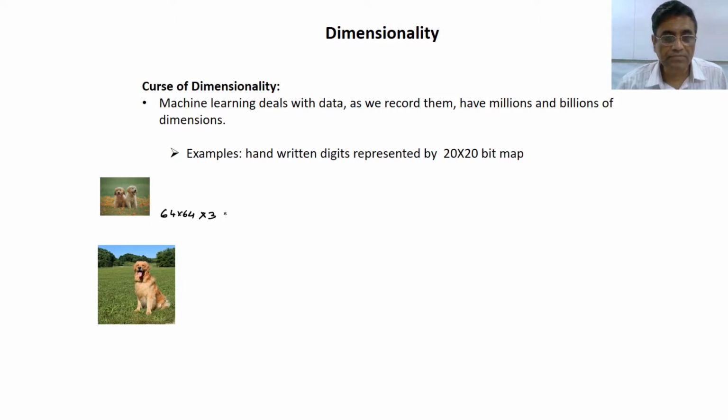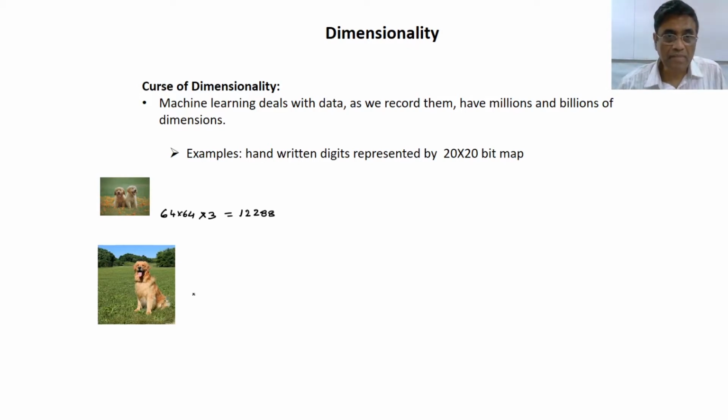The dimensions will be equal to 12288. Although it is not too bad, it is high. This is a matrix 64 by 64 representing the pixel intensity values of all the points of this image.